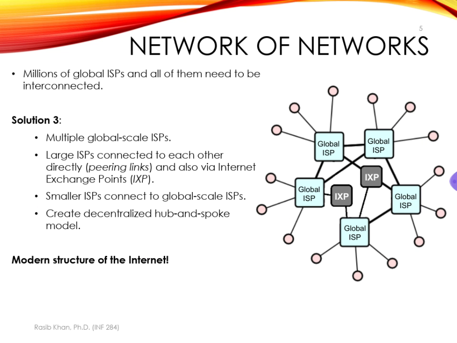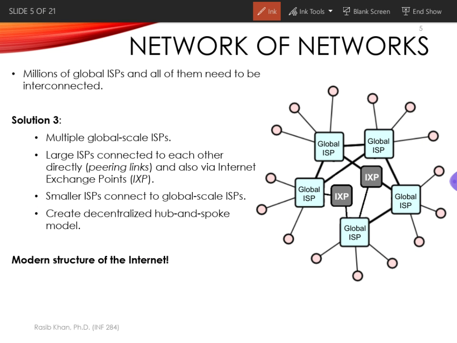So let's see what we can do as a further improvement. The basic core requirement stays the same, that we want all of the global ISPs, which are millions in number, to be interconnected. So instead of having one global scale ISP, we can have multiple global scale ISPs which connect these smaller ISPs together.